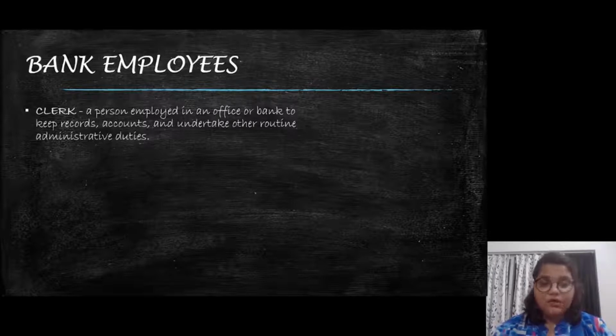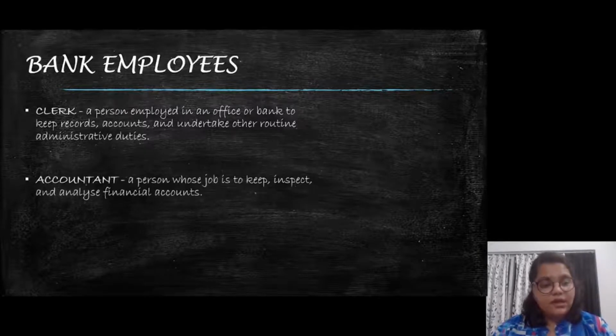They keep records. So this is everything that a clerk does. The second employee is the accountant. The narrator visited the accountant and said that he wanted to see the manager.